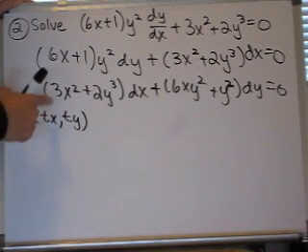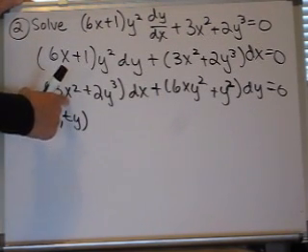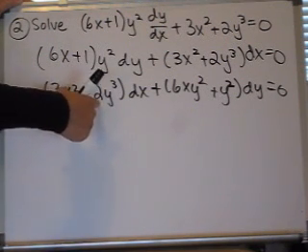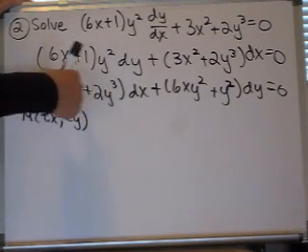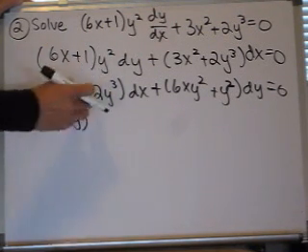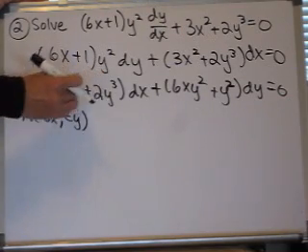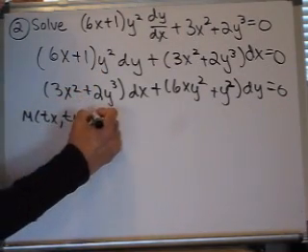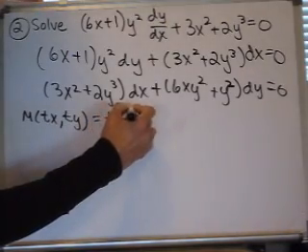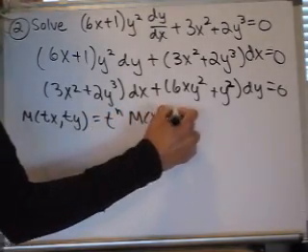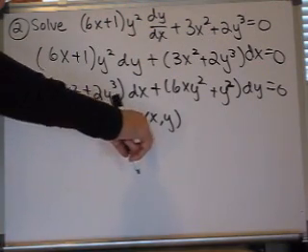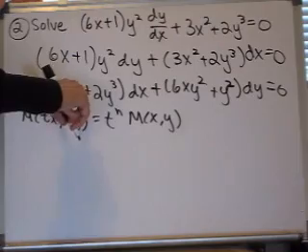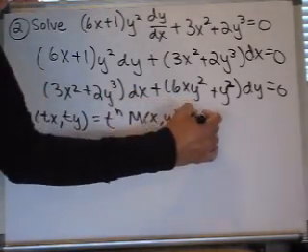When you plug in tx in place of x, you get the quantity tx squared, which gives t squared x squared. When you plug in ty, you get ty quantity cubed, which gives t cubed y cubed. So you have a t squared and a t cubed, which makes it impossible to factor out the same power of t from both of these terms. Remember, homogeneity requires, as a very first step, that you be able to write M of tx, ty as t to the n times M of x, y, which is not going to be possible for this first term. So it's not homogeneous.